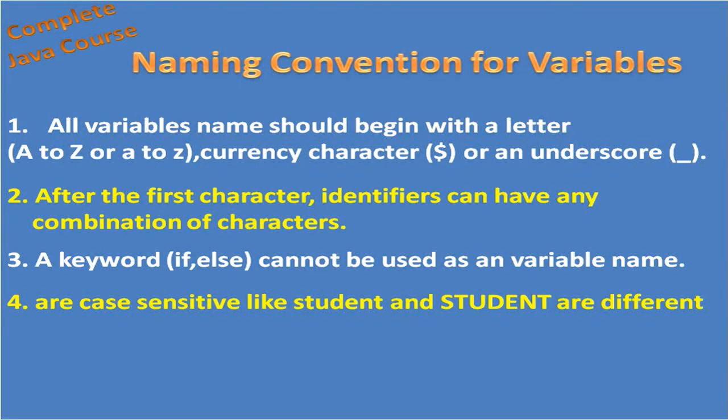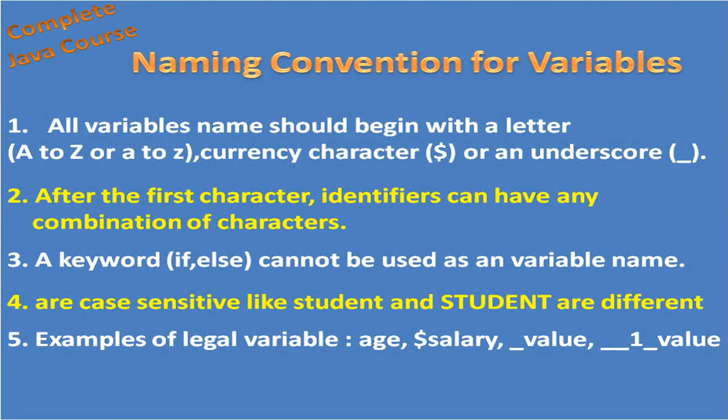Number 4, variables are case sensitive, like small student and capital Student are different. These are two variables. Number 5, examples of legal variables are age, $salary, _value, _one, _value. These are examples of legal variable names. You can start your variable name with the dollar sign.